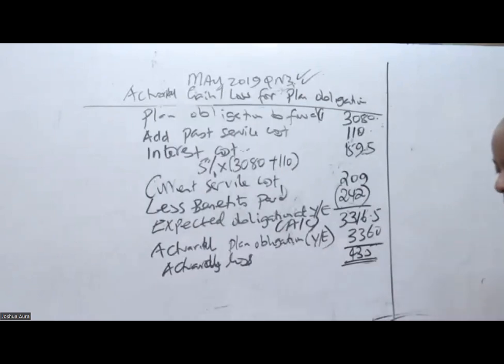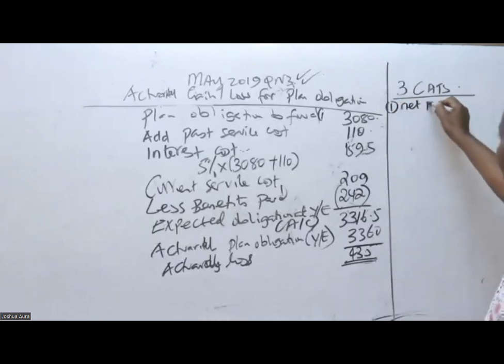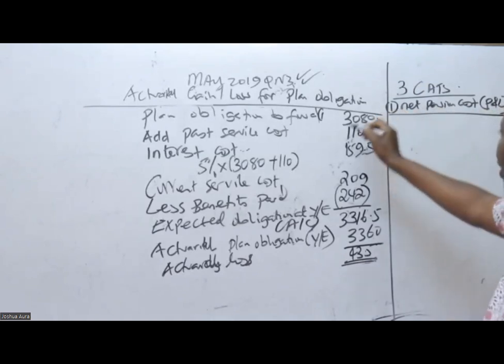We start with the first one, which is the net pension cost. These three accounts are very important for us. So the first one is the net pension cost, which will go to our P&L as an expense.